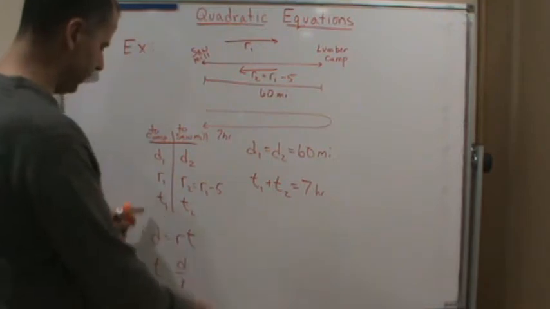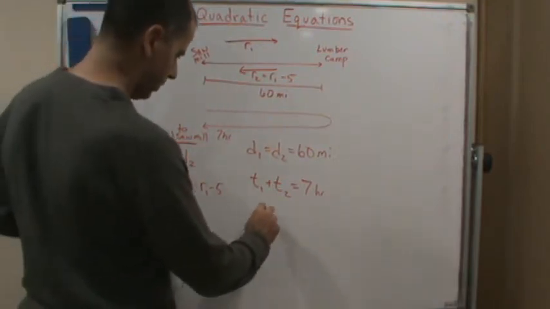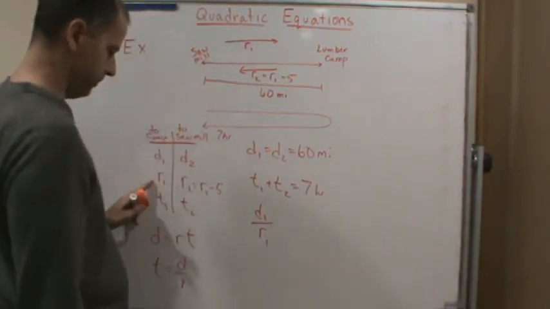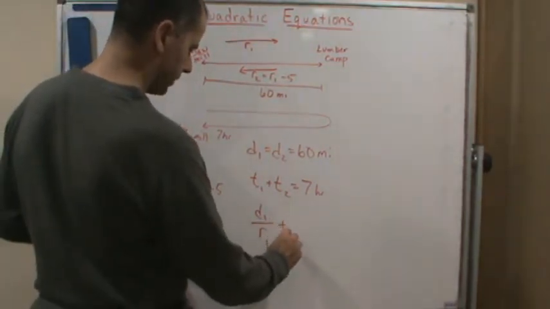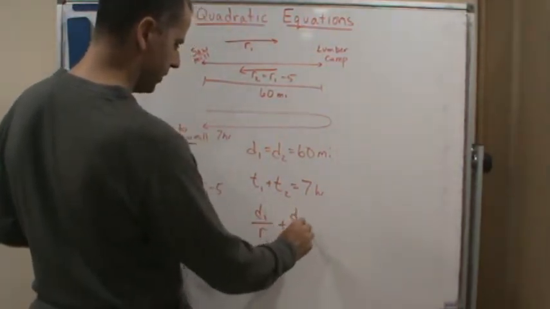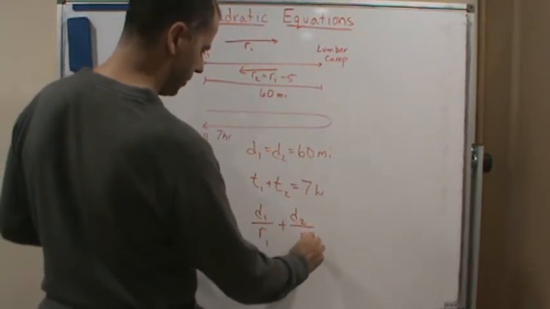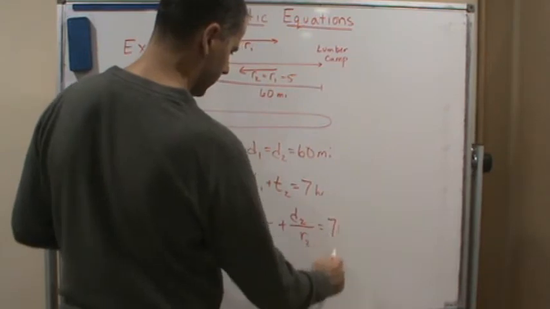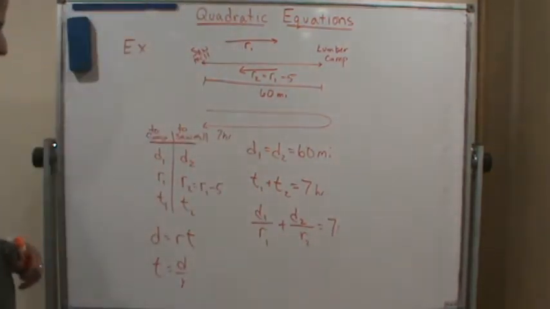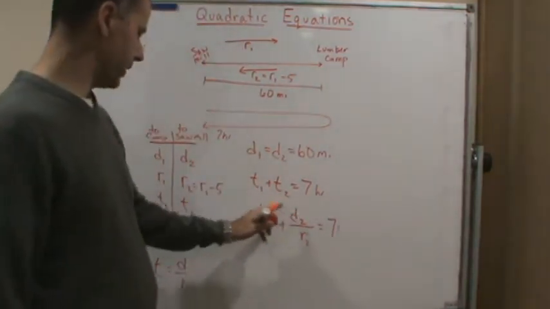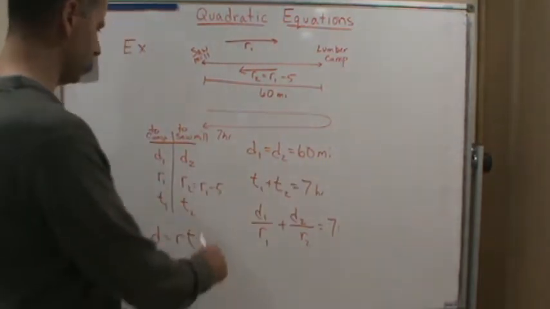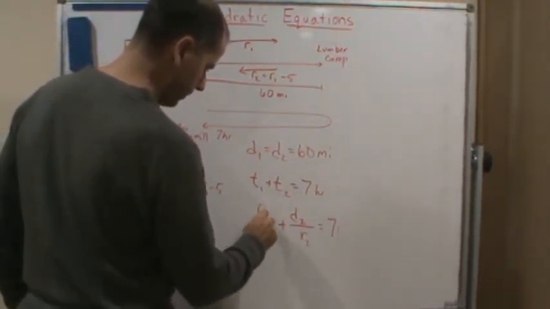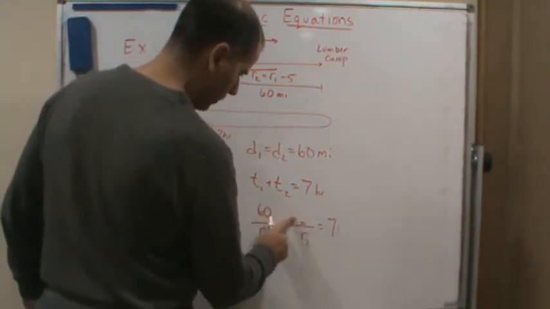So T1 is equal to D1 over R1 plus T2, which is D2 over R2, which equals 7 hours. And now D1 and D2 are both equal to 60, so we can fill those in. These are both the same.